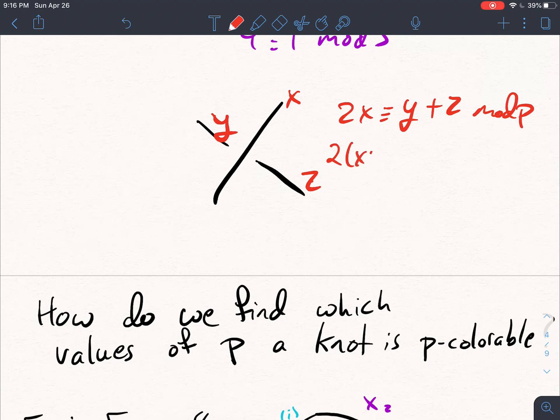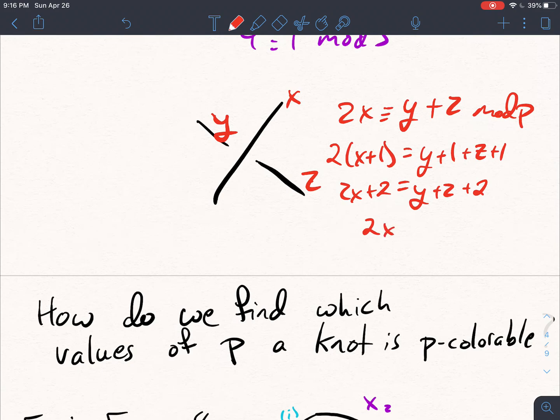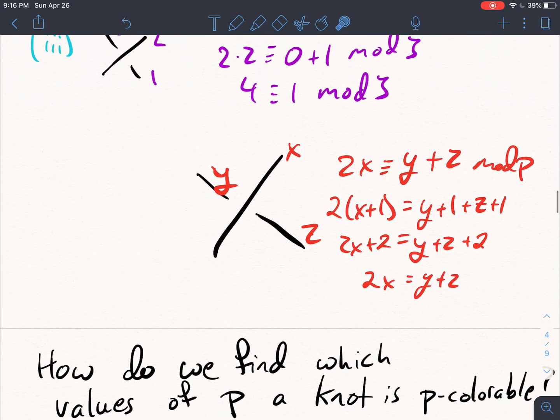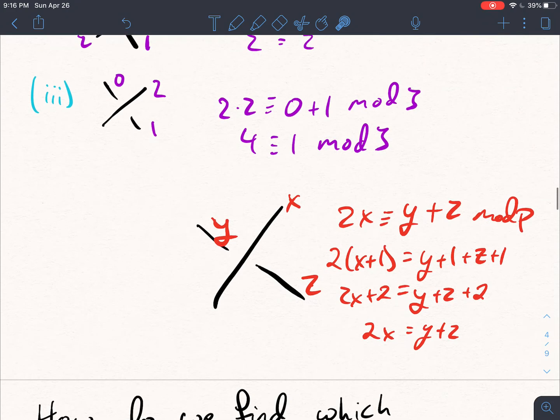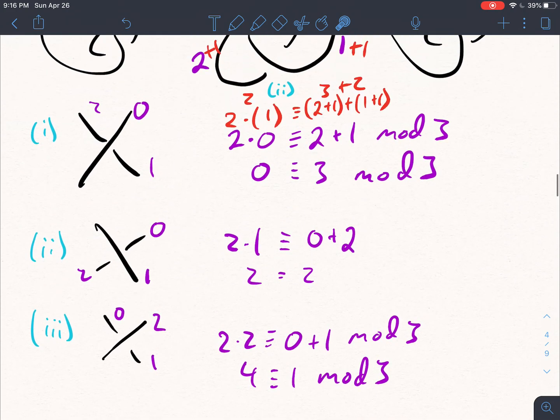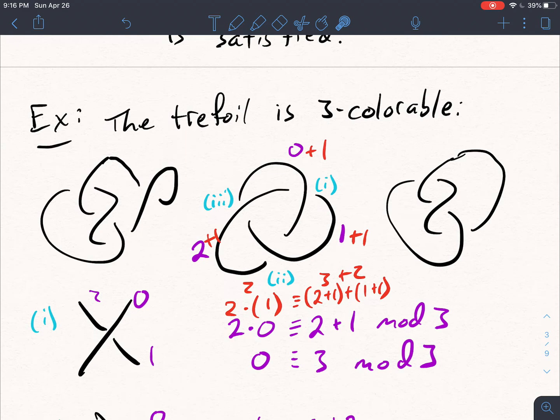If I have 2x congruent to y plus z mod p, and I already know that this is true, then if I were to add 1 to everything, what do I get? On the left, I get 2x plus 2. And on the right, I get y plus z plus 2. And then I could just subtract 2 from both sides, and I get the same exact equation that I was working with.